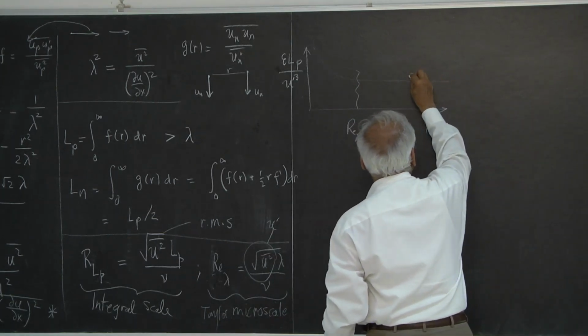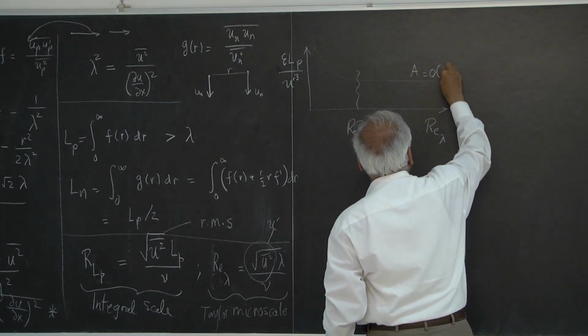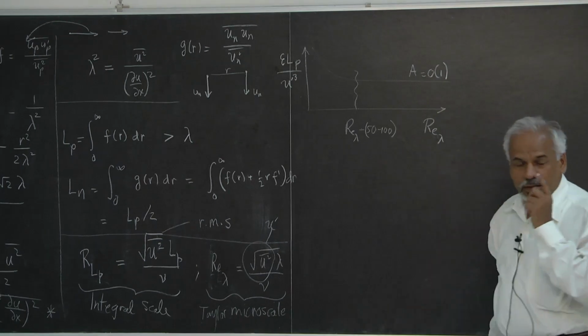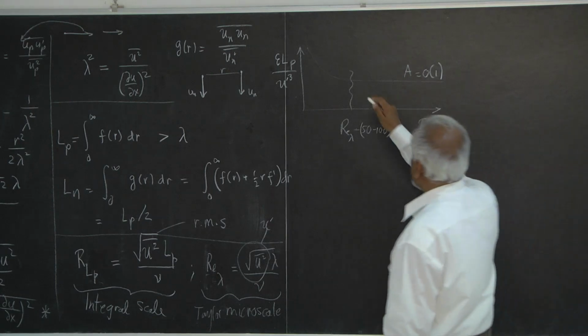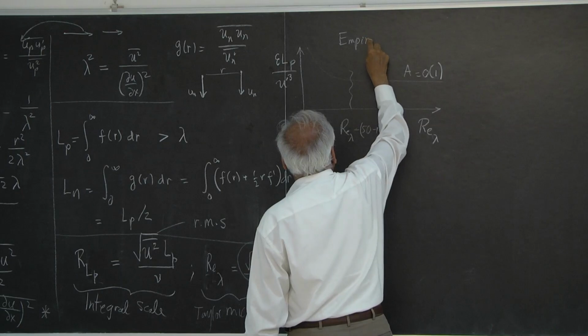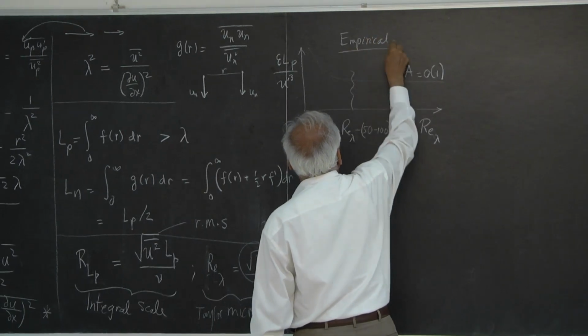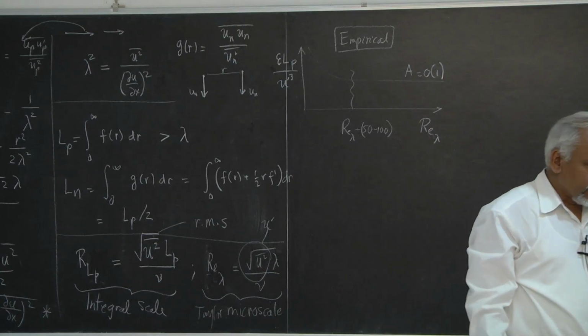Let's call this constant A. So A is of order 1, and exactly what it is depends upon what sort of flow it is. This is, by the way, a totally empirical observation, but a very important observation.